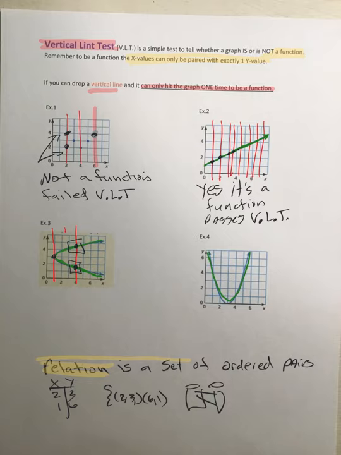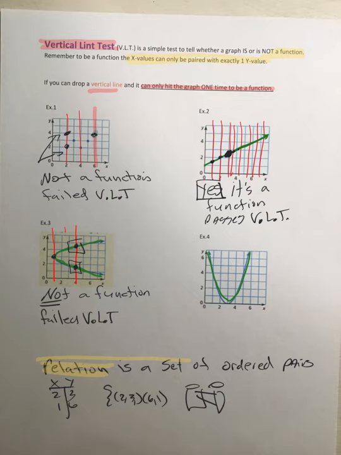Correct, it's not a function. It can only hit once to be a function. So it's a function when it only hits one time. If it hits more than one time, it is not a function. So it failed the vertical line test, so it is not a function.